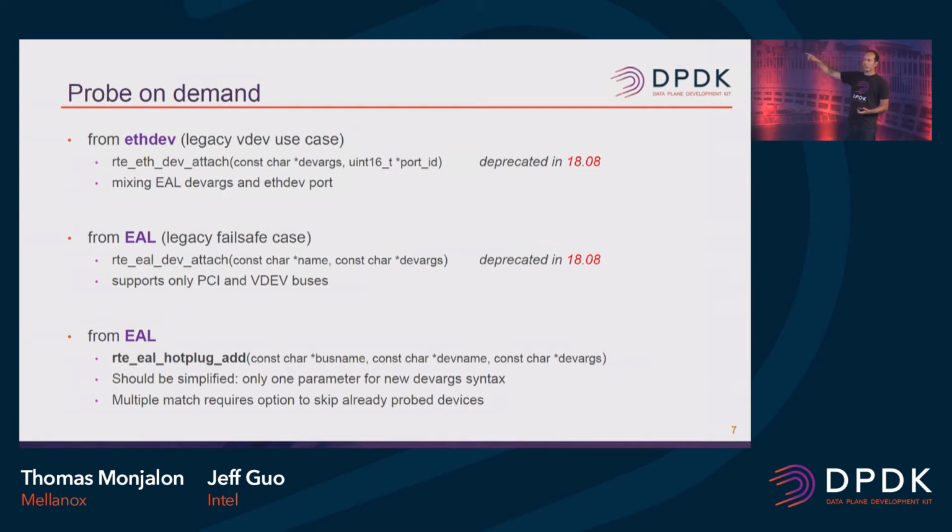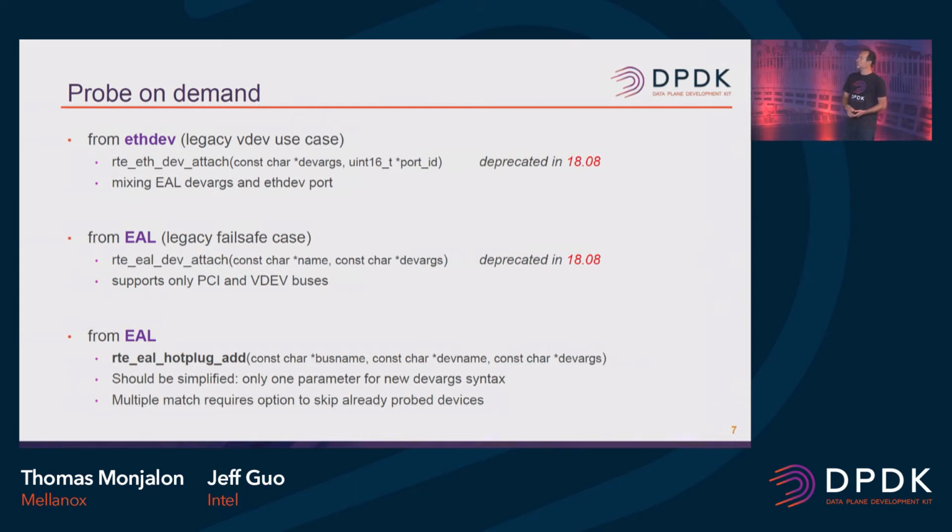One is devargs, which represents the device resource in EAL. You remember the bottom layer of the sandwich. And the other argument is the port ID, the upper layer, the device interface. So it's just wrong by design. You cannot match one device resource and only one port. It can be several ports. It's just wrong. So now it's deprecated.